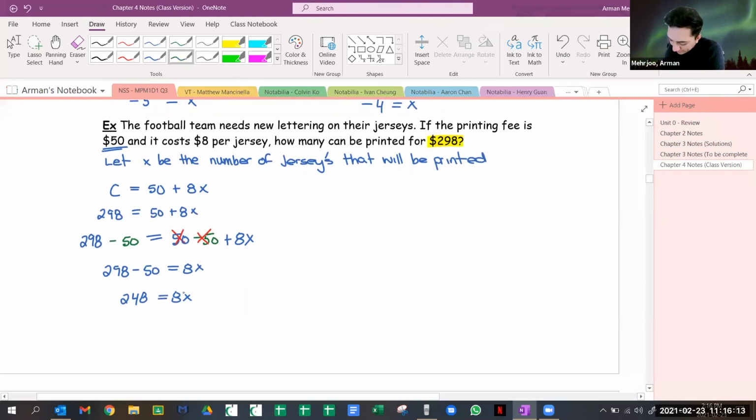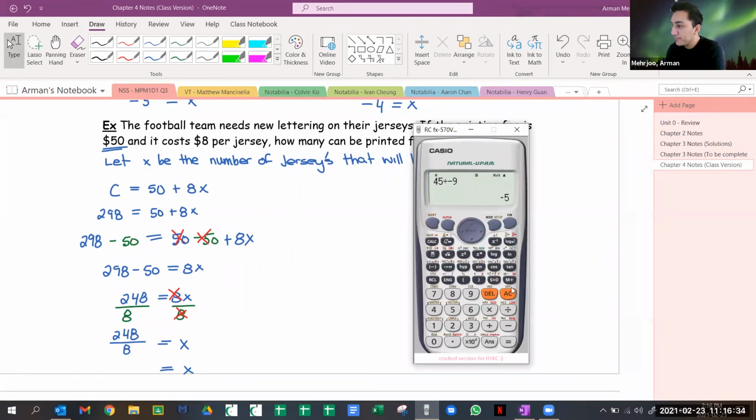And now this side over here has 8 times x, so I have to do the opposite operation. And I got to make sure I do it to both sides. Those 8s will cancel. And I'll be left with x equals 248 over 8, or x equals 31.